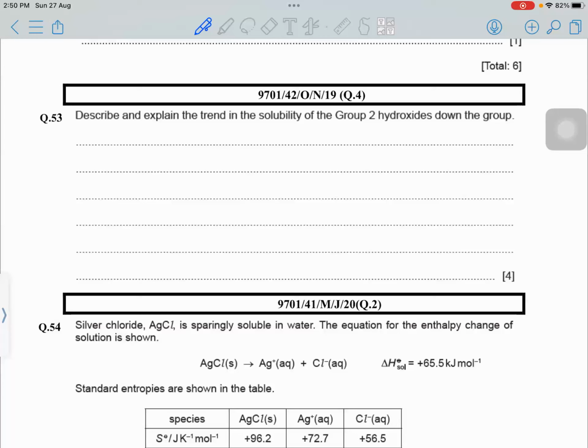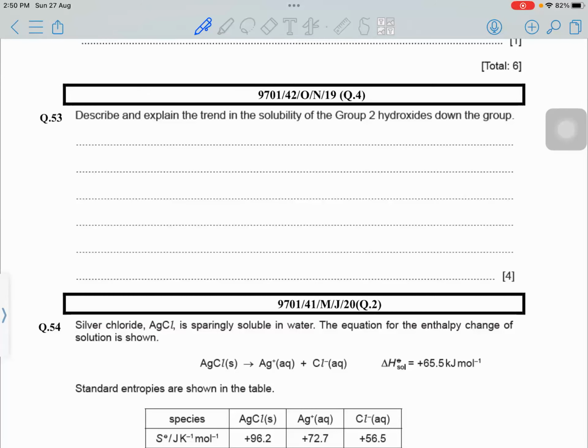So we have three types of question: solubility of hydroxide, solubility of sulfate, and solubility of carbonate. So let's start from the solubility of hydroxide first. Question is from 2020 variant 41.